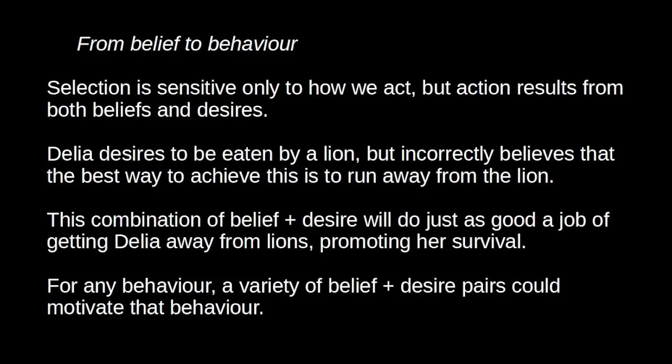Plantinga suggests, well, suppose that Delia desires to be eaten by a lion, but incorrectly believes that the best way to get eaten by lions is to avoid lions and to run away from lions, and so on. Or suppose that Delia incorrectly believes that the lion in question that she sees is not going to eat her, so she runs away in search of other lions, or whatever. These combinations of beliefs and desires will get Delia away from the lion.